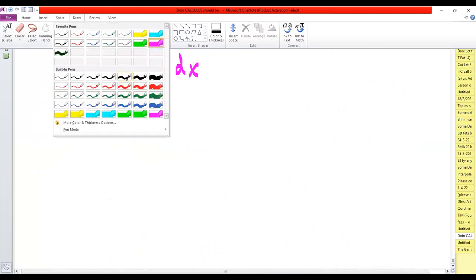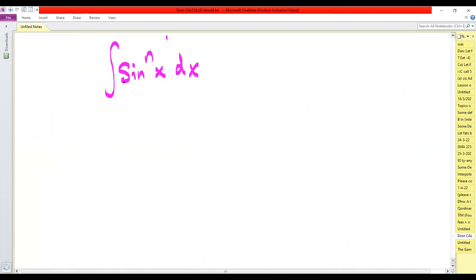Now, this is really an application of integration by parts, but we have to rewrite the integrand so that we can easily pick out u and v that is going to help us get the desired formula.